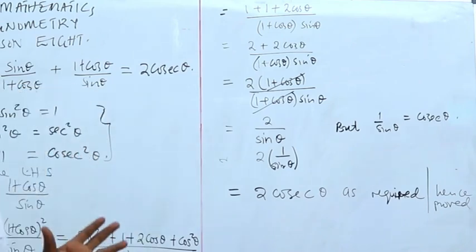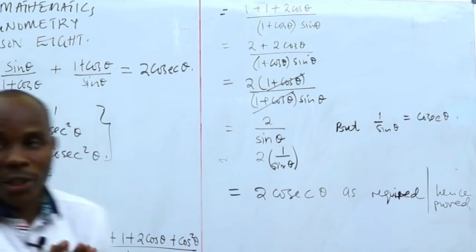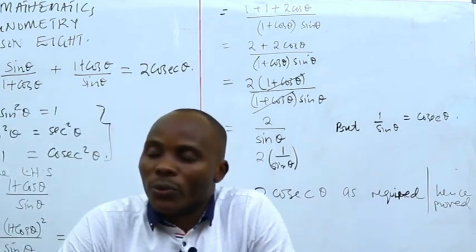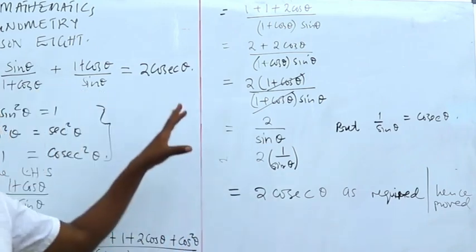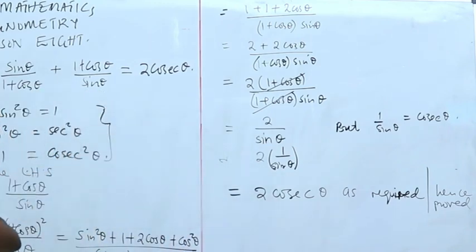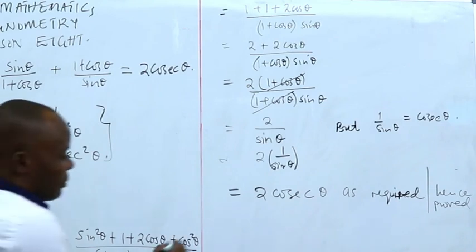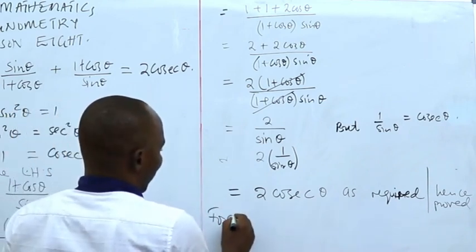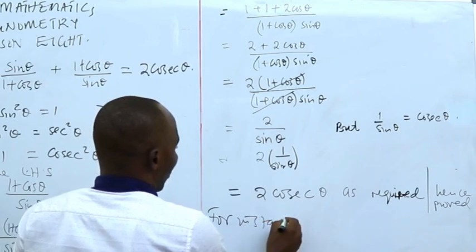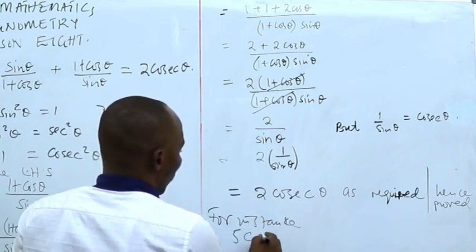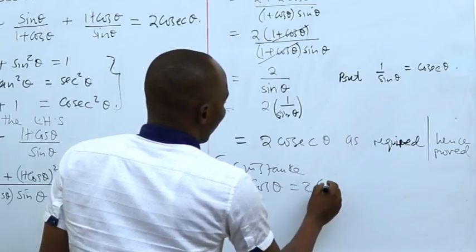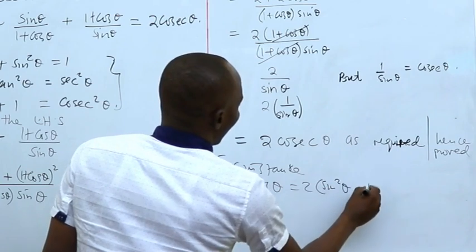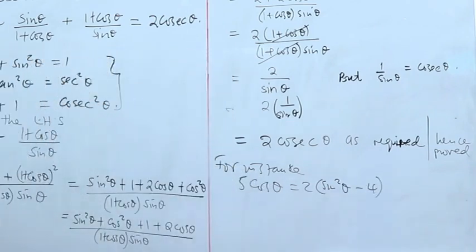I was making a review of how to apply these identities. I've said you can apply them when you are solving trig equations. It can be, for instance, 5 cos theta is equal to 2 into sine squared theta minus 8.